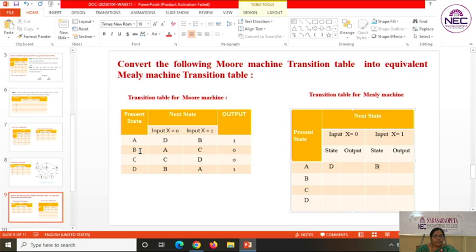In the B state, if x is 0, it goes to the A state; if x is 1, it goes to the C state. In the C state, if x is 0, it stays in the C state; if x is 1, it goes to the D state. Finally, in the D state, if x is 0, it goes to the B state; if x is 1, it goes to the A state.